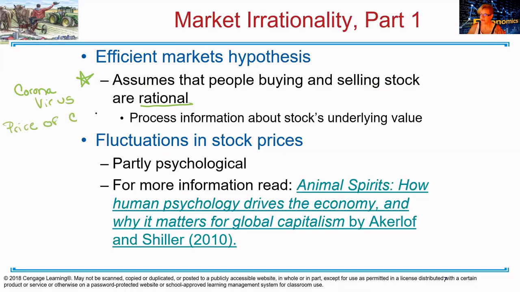And is that rational? And we'd say, absolutely not. But the price of Corona beer plummeted. There's no relationship that I know of, but again, when we talk about stock prices, there is a psychological component to it. We are still irrational beings.